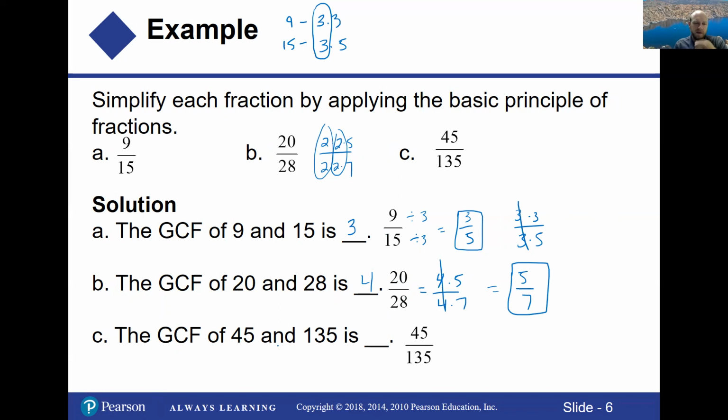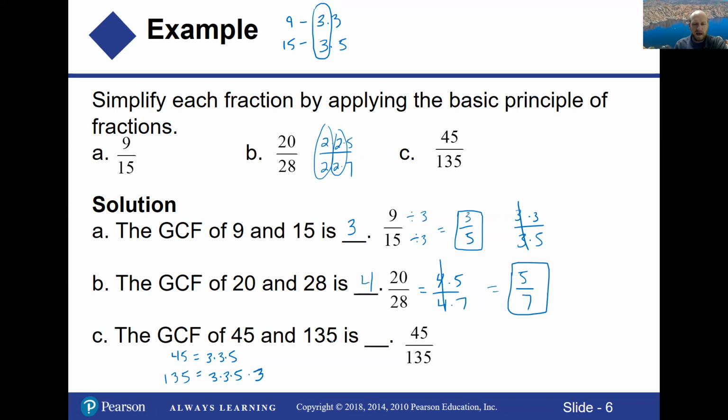I don't really care. Now the GCF of 45 and 135. So you might have to do a little bit of work here. I know 45 is equal to 3 times 3 times 5. I got that from 9 times 5. 135 is equal to 3 times 3 times 5 times another 3, actually.